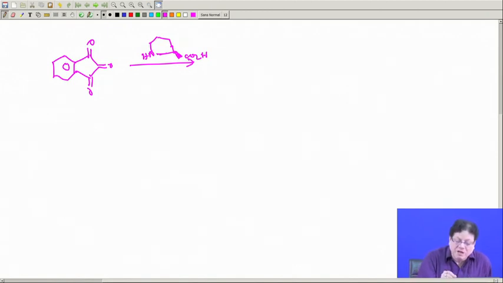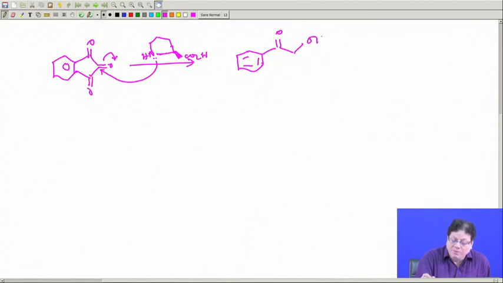Now, the first reaction is the same as the earlier cases where a primary amine is used. So, that becomes OH and the nitrogen loses the hydrogen. Then you have an intermediate which is like this, a carbonyl, and then you have OH, you have this carbonyl, and that is linked to the proline nucleus.